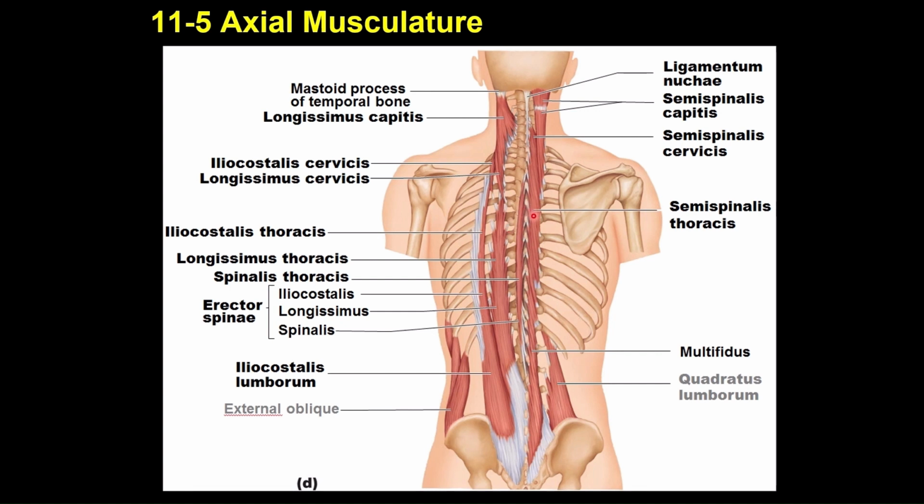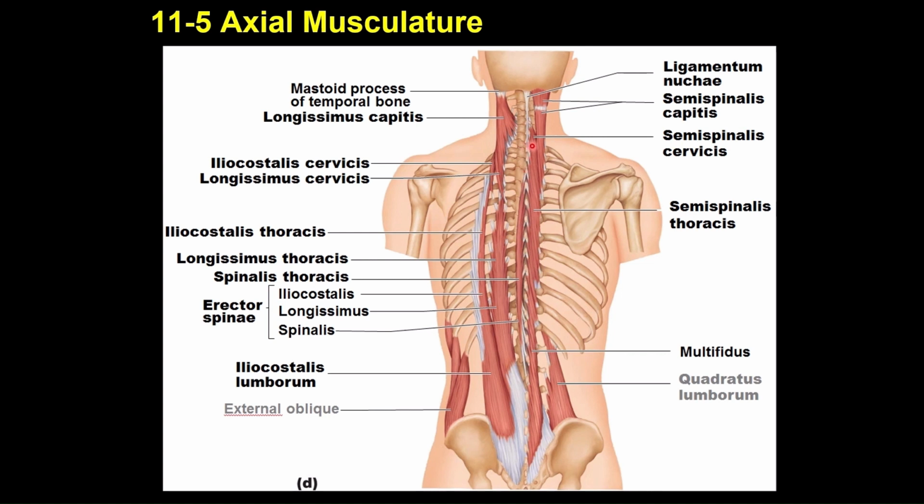The deeper muscles are semispinalis: semispinalis thoracis, cervicis, and capitis. When both of them contract, that will cause extension of the spine, and when one of them contracts, it causes rotation.